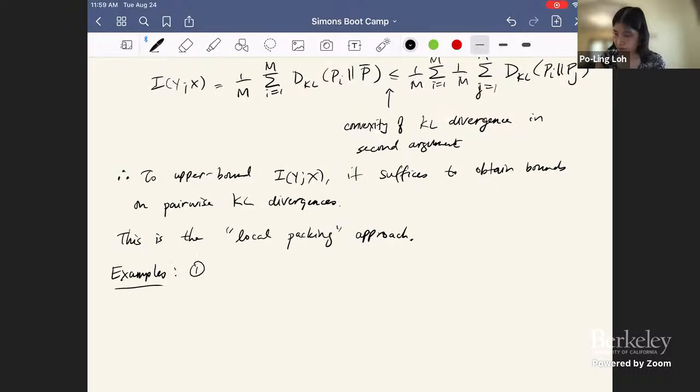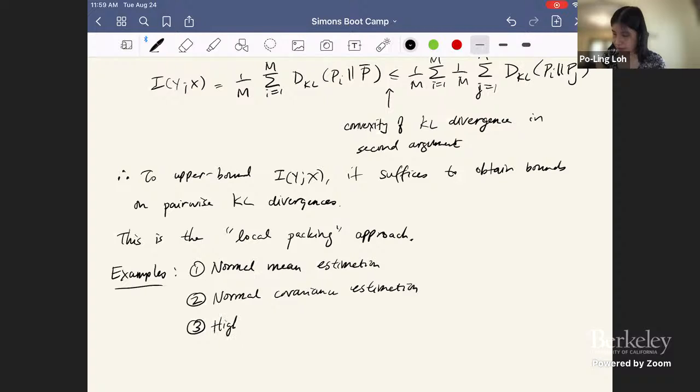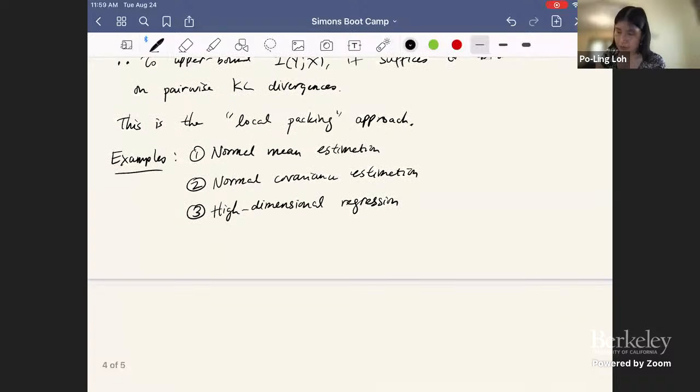So the 3 examples are normal mean estimation, normal covariance estimation, and high dimensional regression. And as I said, I will go through some of the parts in more detail than others.